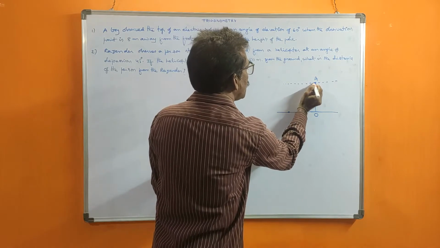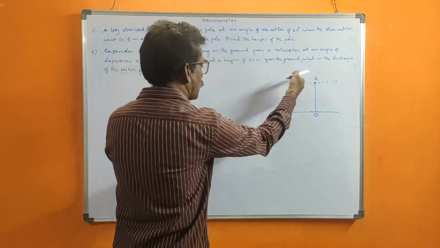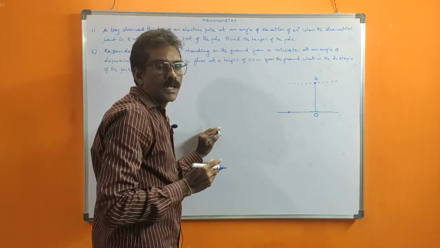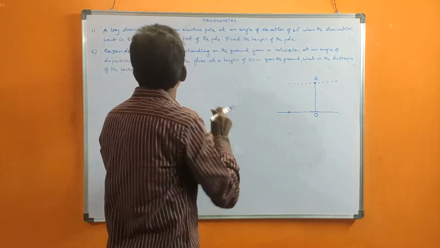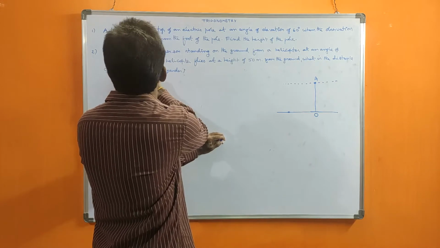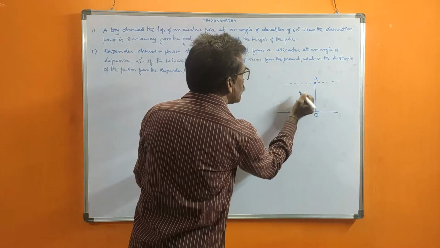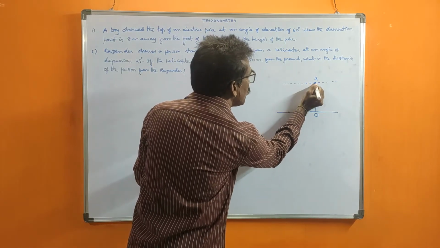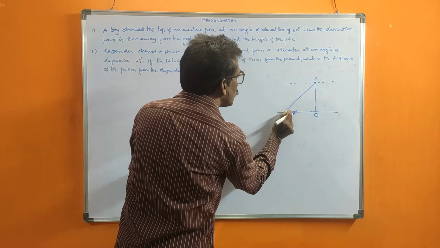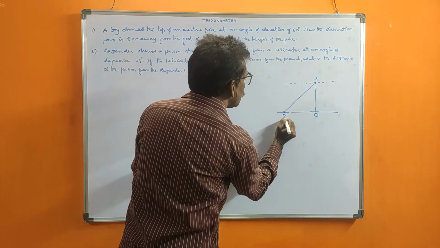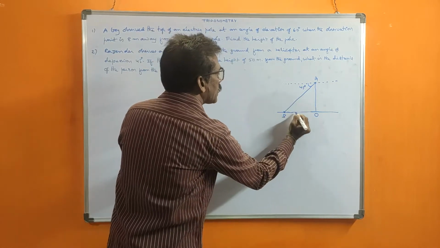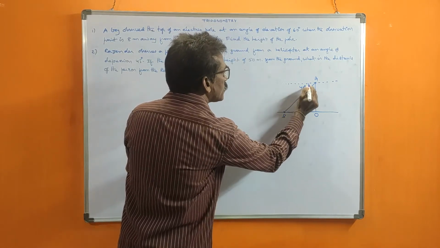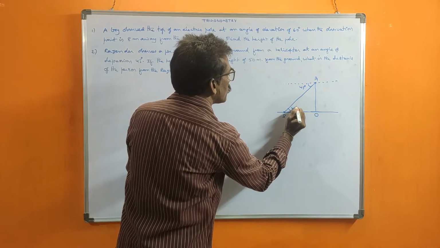Now from here he observed the angle of depression downwards. I told you already, anything observed from top to down is the angle of depression. The angle of depression is given as 45 degrees. From here, looking down to this point B, this angle is 45 degrees. I told you already, no need to explain. This 45 means this 45 degrees.